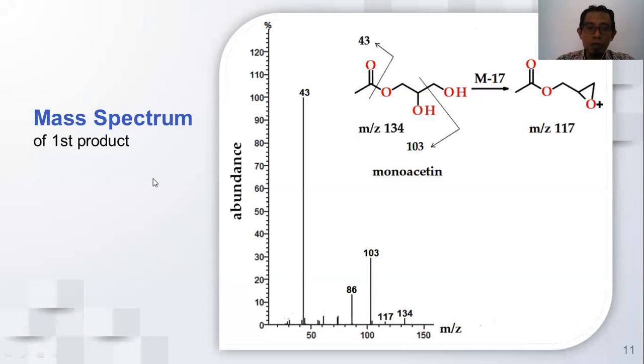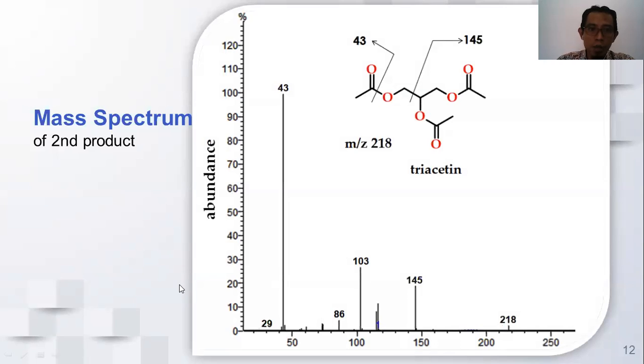Here, the mass spectrum of the first product, we find M+ 134, and m/z 117, and m/z 103, and finally m/z 43 as specific. So from this mass spectrum, we conclude that it is monoacetin.